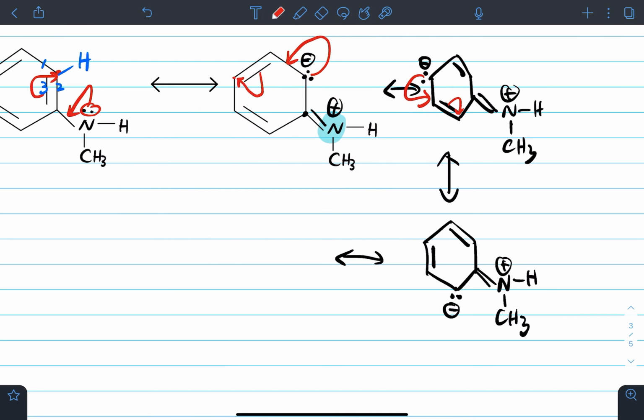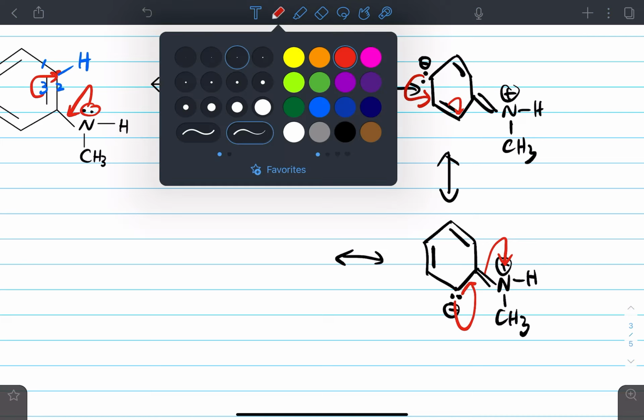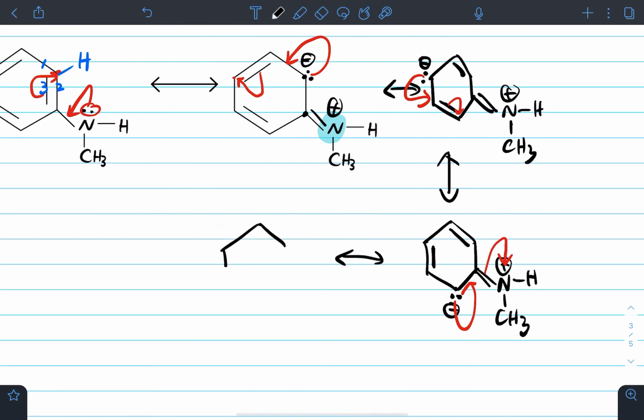Let's do the arrow first. My lone pair would create a new bond here, and then one of these bonds would be broken by assigning the 2 electrons to my adjacent atom, which is the nitrogen here. So now let's draw the structure. I still have this here and this here.